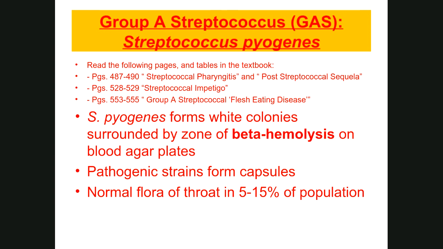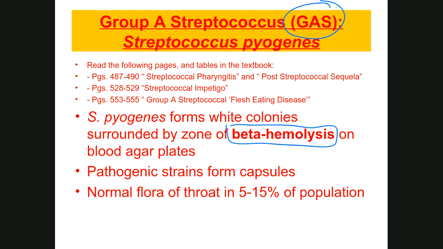Okay. We're going to look at two Streptococcus. One of them is the Streptococcus pyogenes, which in the medical world is called group A strep. The other one will be Streptococcus pneumoniae. Streptococcus pyogenes is a beta hemolytic Streptococcus. Very difficult to grow. Typically, you grow it on a blood agar plate or other forms of enriched media.